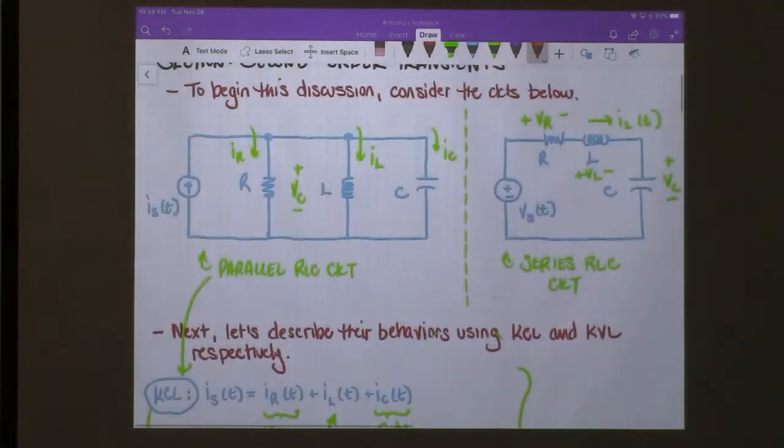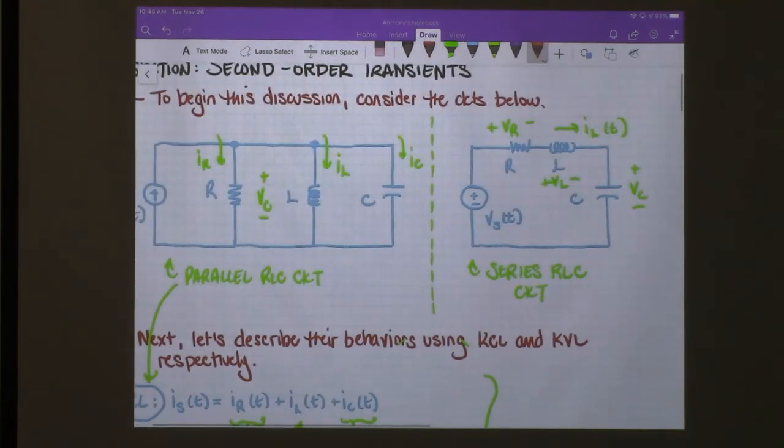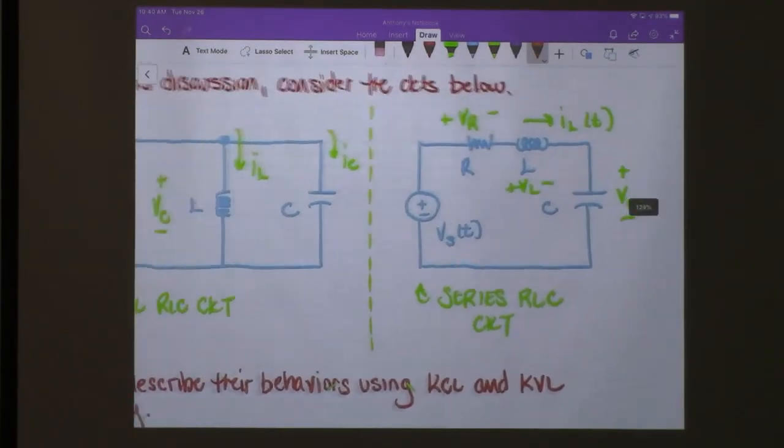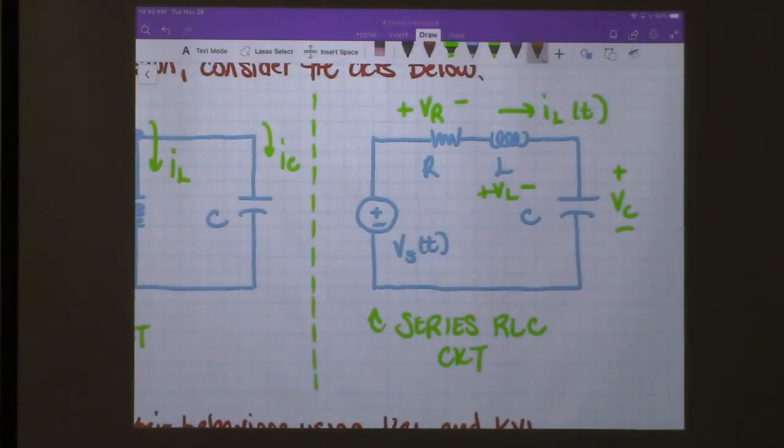Let's do the same thing. Let's try to represent the behavior of the series circuit. So for the series RLC, we're going to use KVL, not KCL. And so what we'll see is, if you just look at this right here, VS is equal to VR plus VL plus VC.